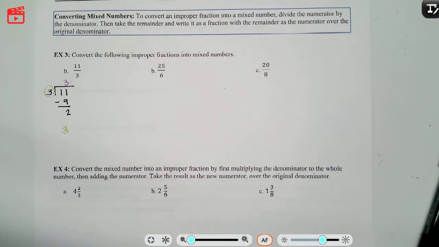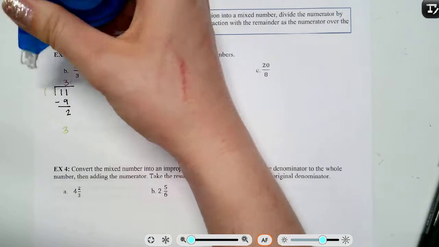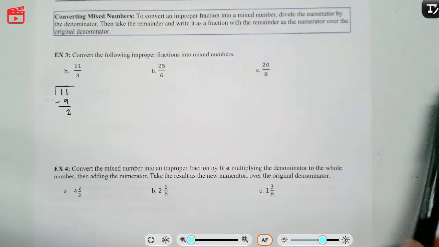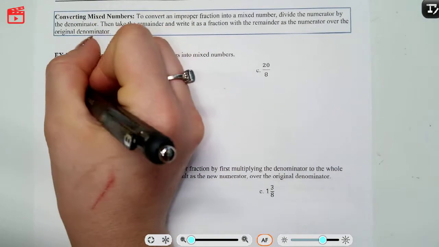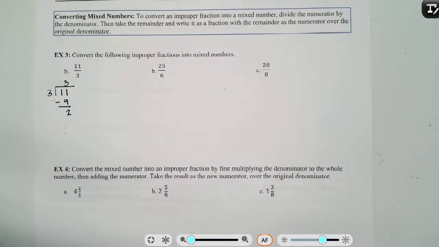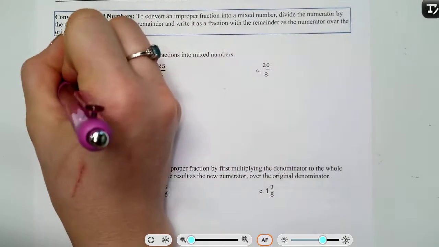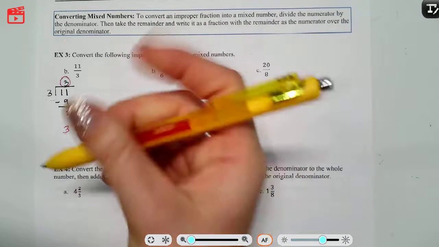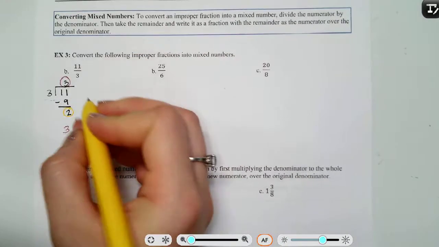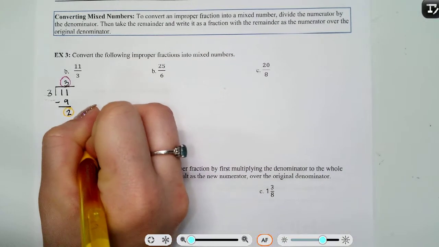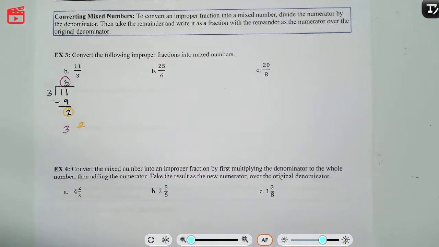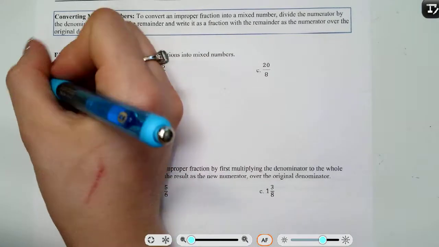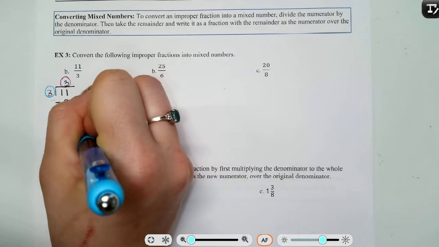Oh, sorry, not that 3. I don't know why I grabbed that 3. Wrong 3. This 3 right here is the one we're grabbing. Too many 3's floating around. This 3, that's going to be the whole part, and we'll take our remainder, the 2, and write it as a fraction as the numerator over the original denominator, which was the value we were dividing by, that 3.